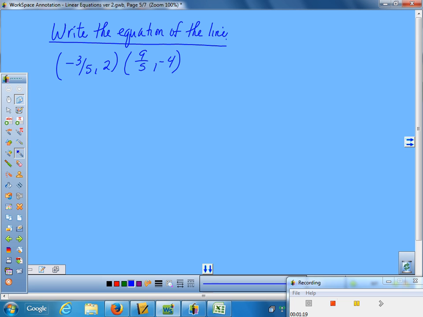Your line goes through those two coordinates. The line passes through those two coordinates. I want you to come up with the equation of the line. And I want your final answer in standard form.